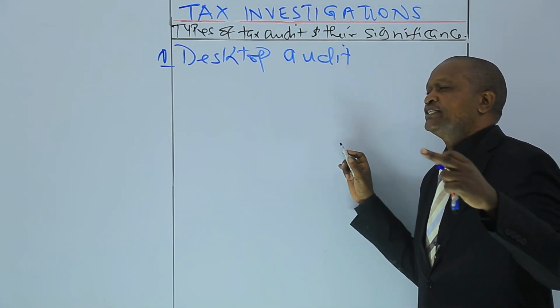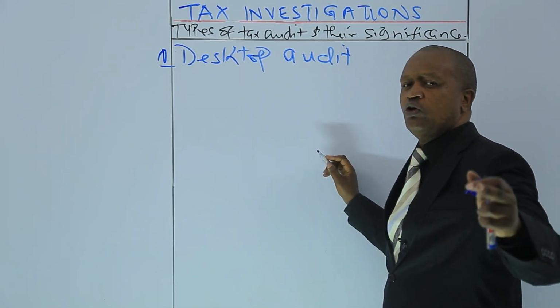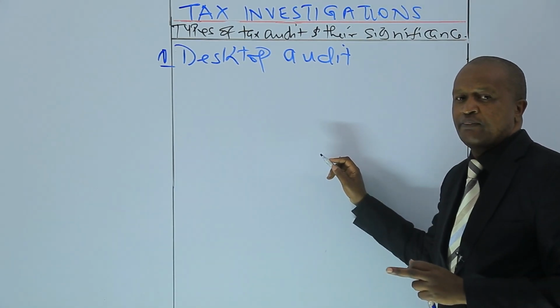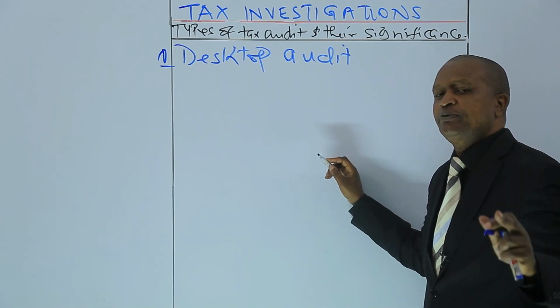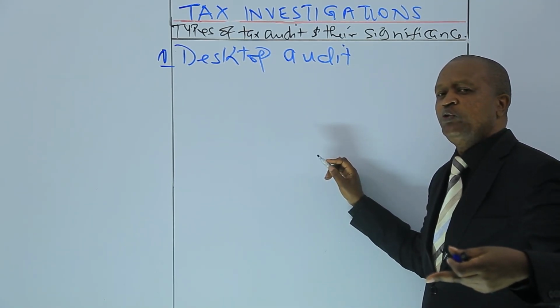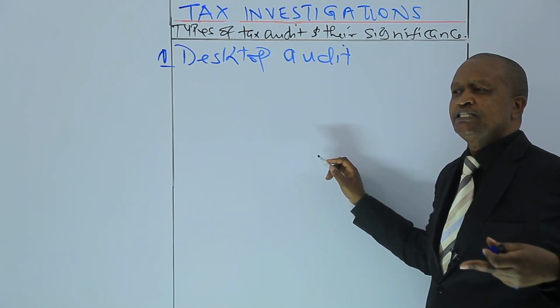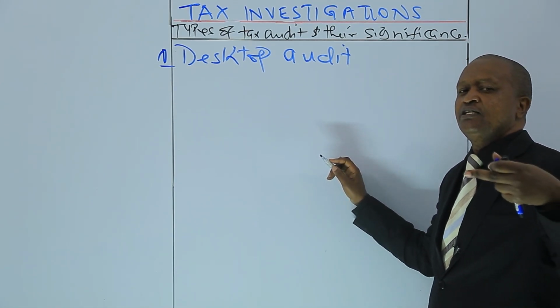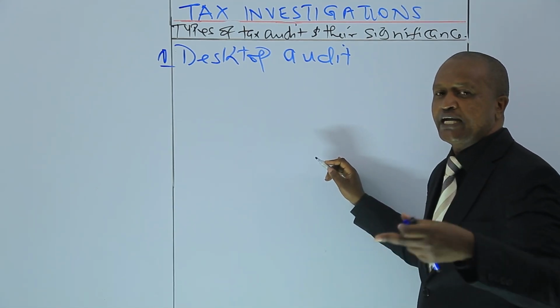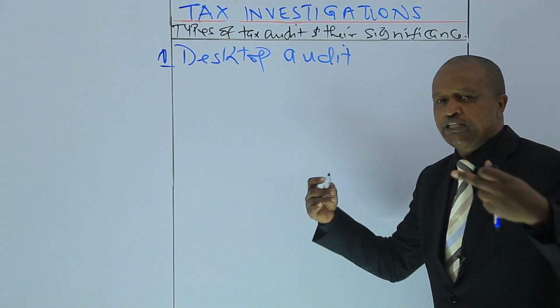They account for a significant portion of all audits conducted by the Kenya Revenue Authority. And these audits are typically conducted remotely by reviewing taxpayers' tax returns, by reviewing taxpayers' financial records against available data sources.